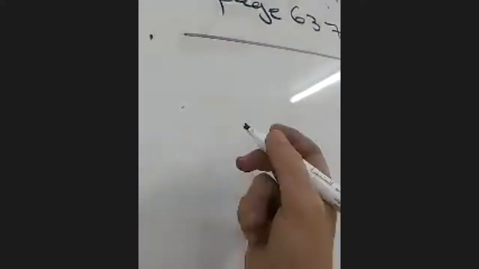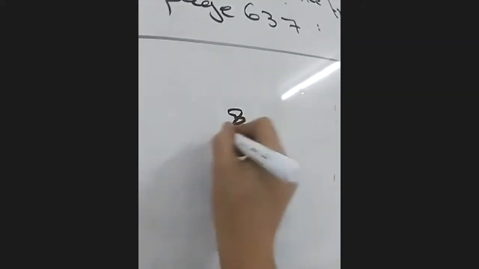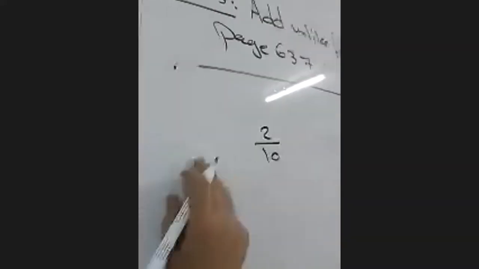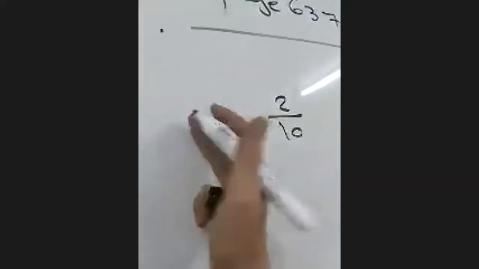How will I write one? The Indian Ocean is 2/10, right? Yes. And the whole ocean of the whole world is 1. Now, how do we write 1 to have 10 down?